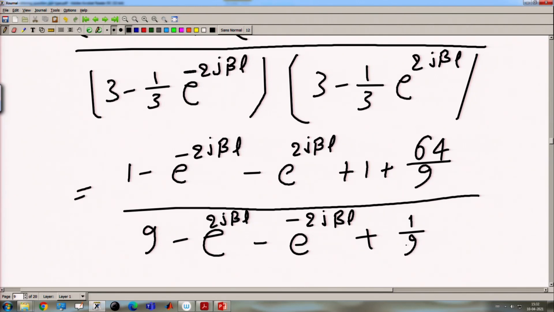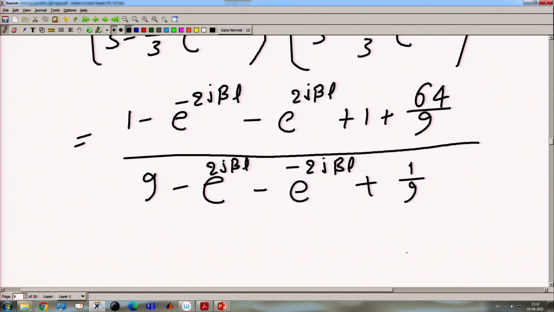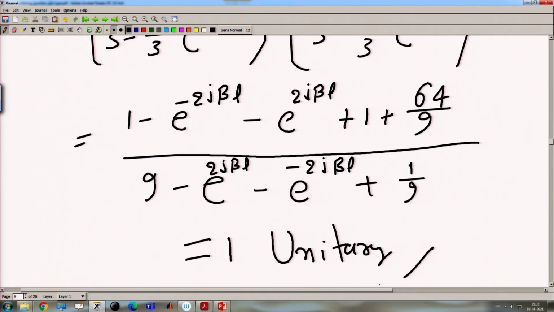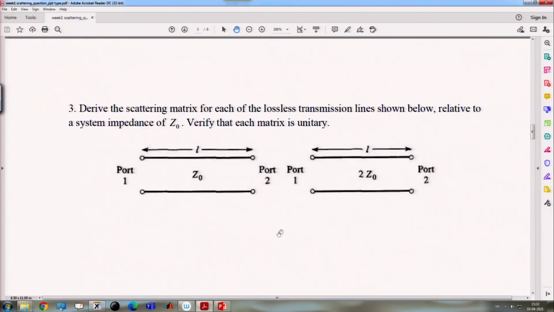So, 9 plus 1 by 9, and 1 plus 1 is 2, plus 64 by 9, this will come, and after this both parts will be equal. So, this whole expression will be equal to 1. So, now we can say that this is unitary. So, this problem is solved now. Thank you.